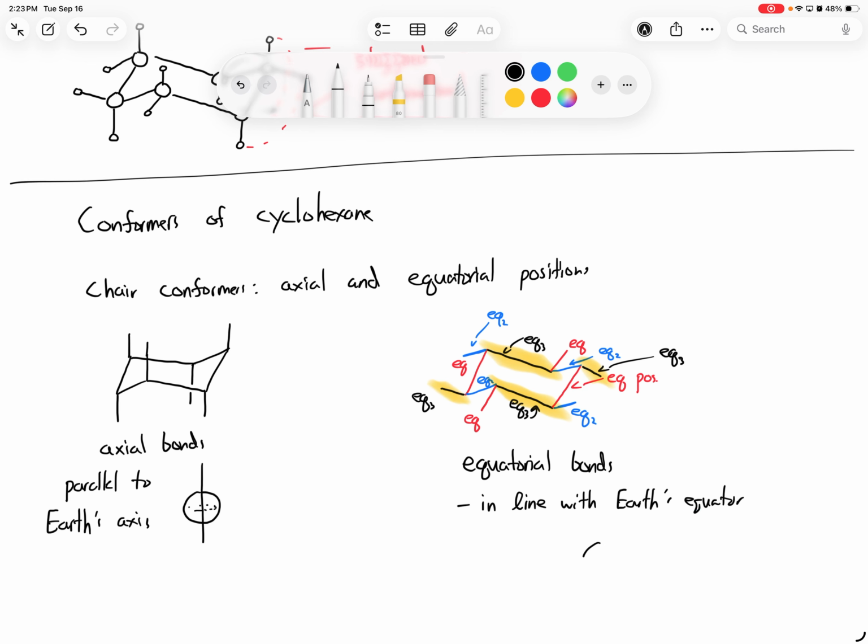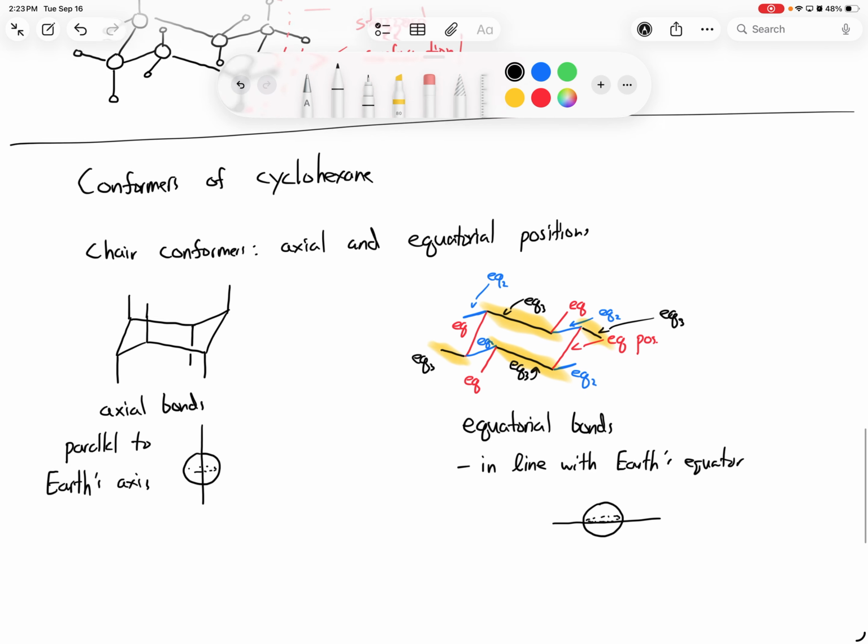So if you think about the Earth here, right, and a sphere, this is a sphere. The equator is the horizontal axis, right? So if you kind of look on the side there, these bonds are kind of extending along the line of the equator. So that's why they're called equatorial.